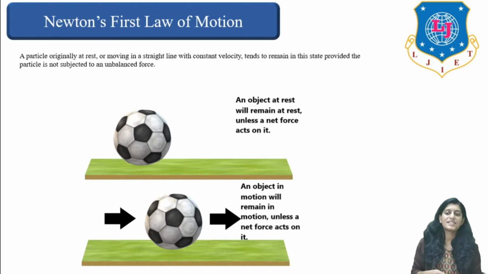So let us first discuss Newton's first law of motion. First of all, we will go through the statement and then we will try to understand what it tries to predict.